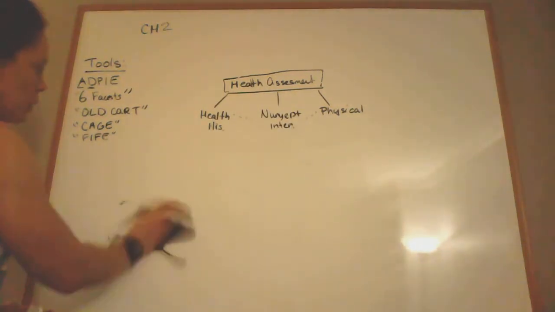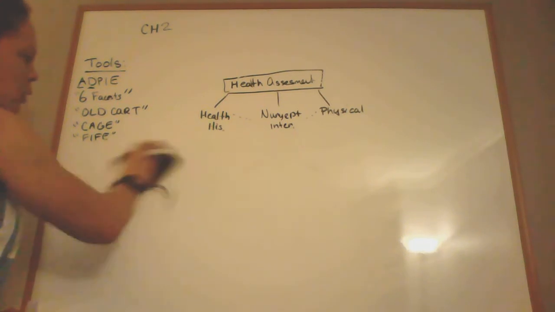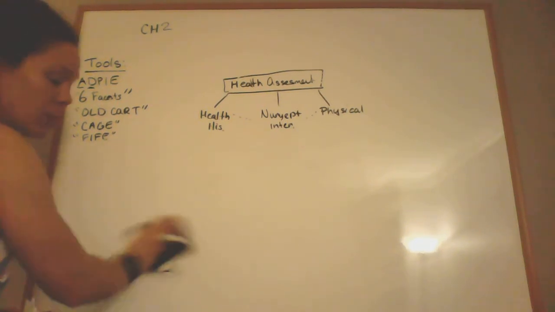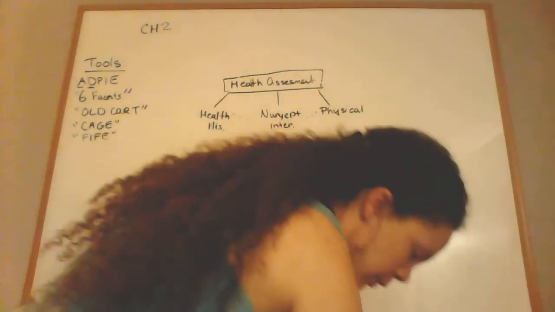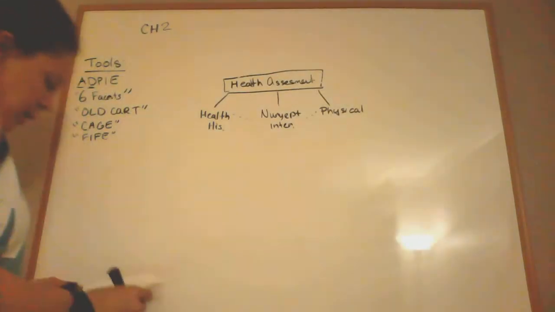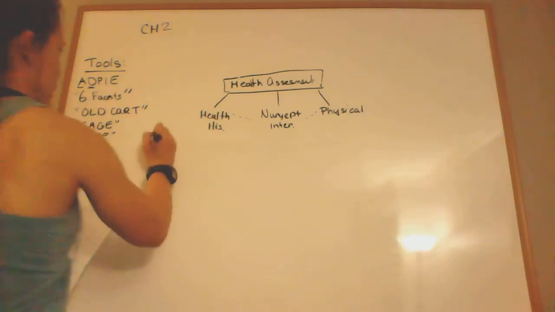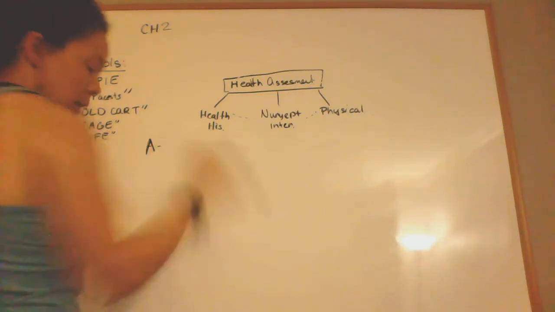The other one that they hit on is that ADPI process. And of course, we all know ADPI because that's the nursing process, and we've gone through it several times at this point. But when we're talking about it in relation to health assessment, let's go over that a little bit. So we have, of course, A, which is assess.